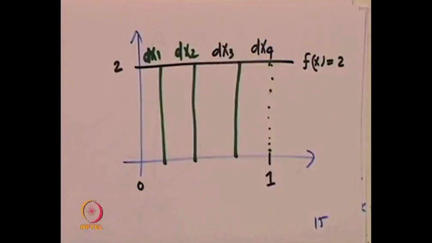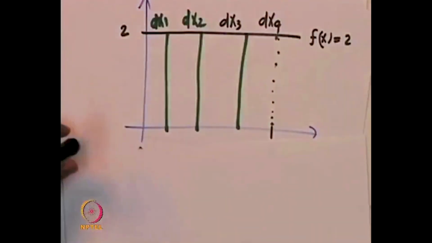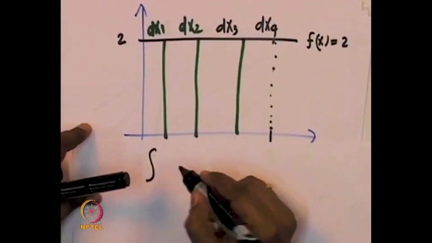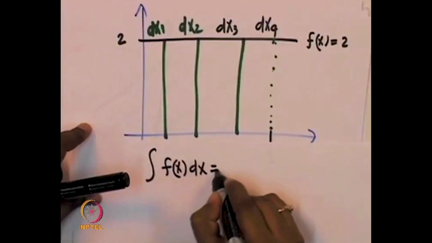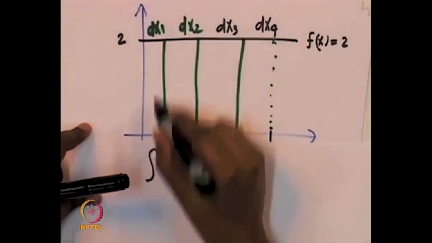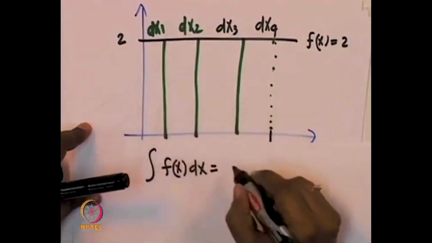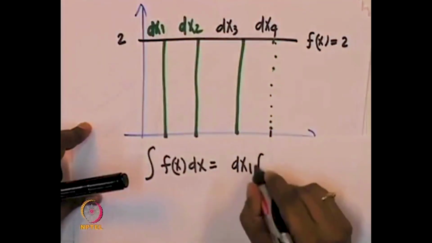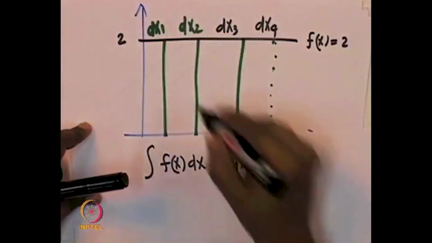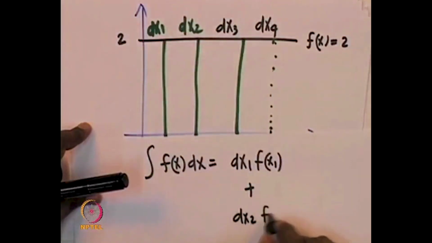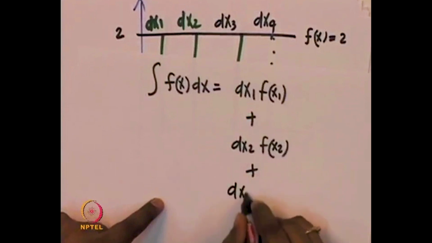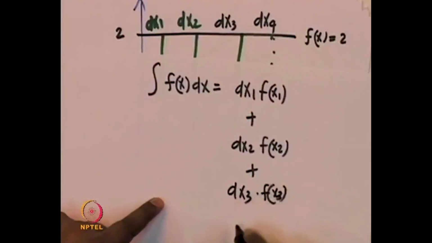The claim we made is the following. We said that integral f of x dx is nothing but: take the first interval dx1 and multiply the function at this particular point x1 somewhere in this interval, so f of x1 dx1, plus dx2 into f of x2, plus dx3 into f of x3, plus dx4 into f of x4.